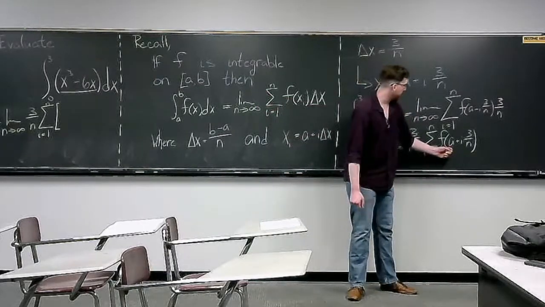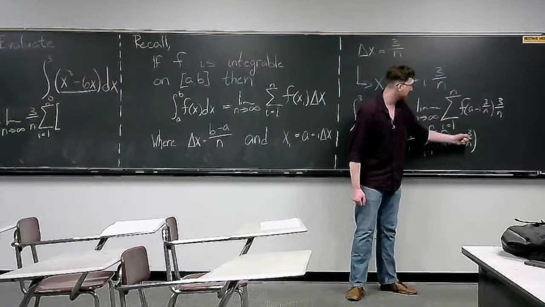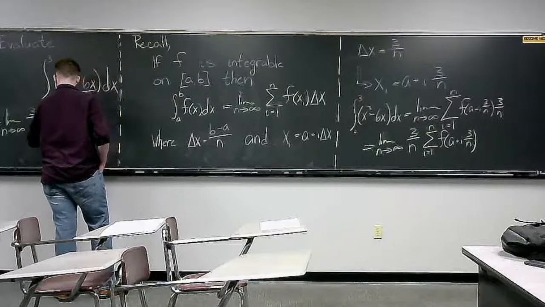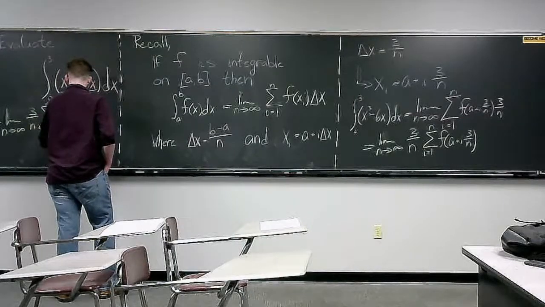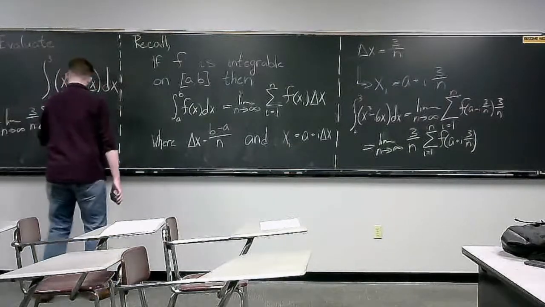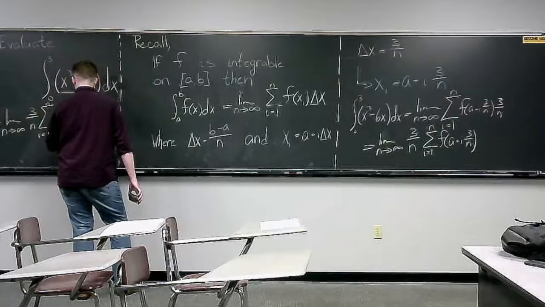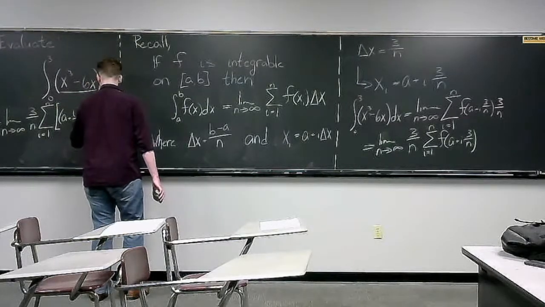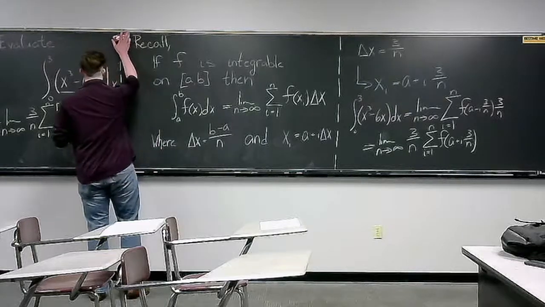Well, we're saying x is equal to a plus i times 3 over n. So this is going to be a plus i times 3 over n. Just to clean this up a little bit, let's write i in the numerator, that's cubed, minus 6 times, again, the same thing.